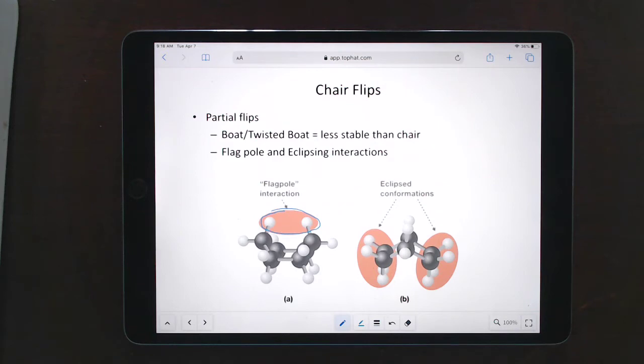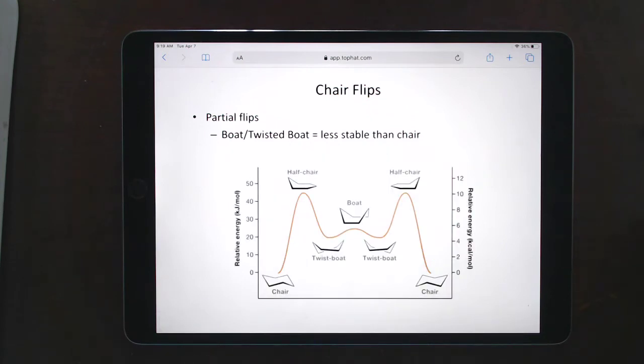I mean, I'm sure there are some rare exceptions, but for the most part, the chair conformation is going to be the most stable. Just like we did with the Newman projection, we look at all the interactions.